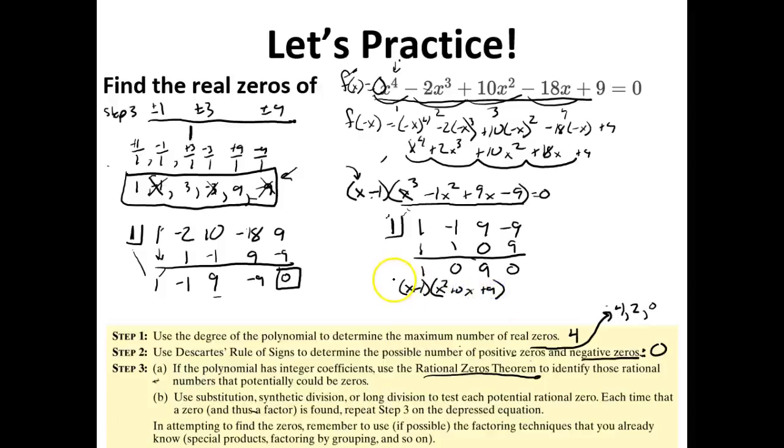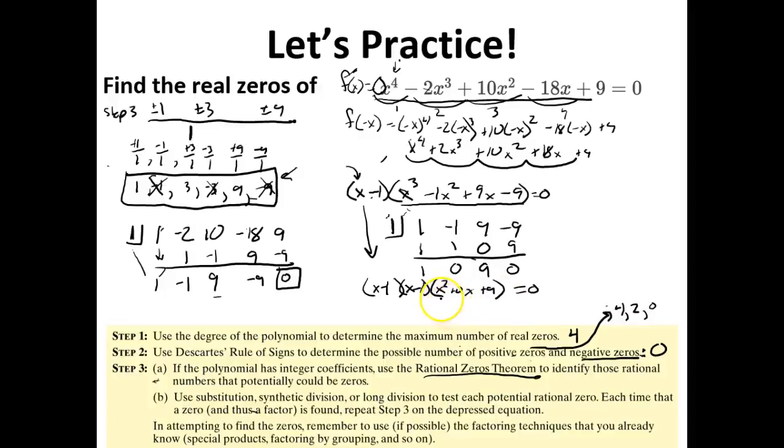There's no remainder. And then this x minus 1 is still up front here. So far we've got this factored into x minus 1 times x minus 1 times x squared plus 9 is equal to 0. Well, could I keep going with this?